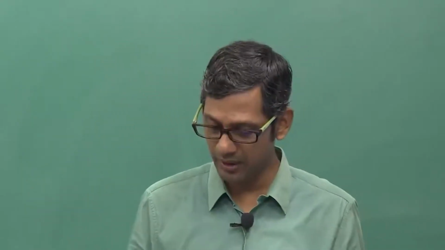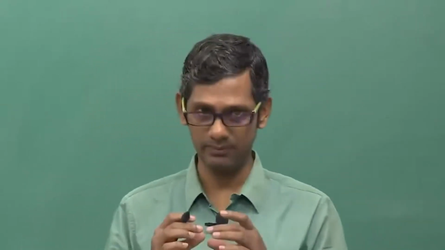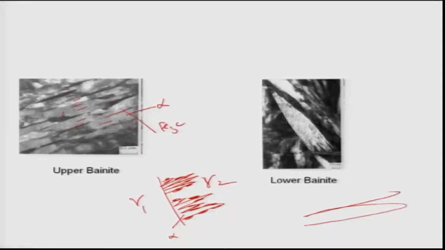These alpha leaves will be shooting out from the gamma grain boundaries and grow inside the supersaturated gamma very rapidly, with a more tree-leaf-like structure.